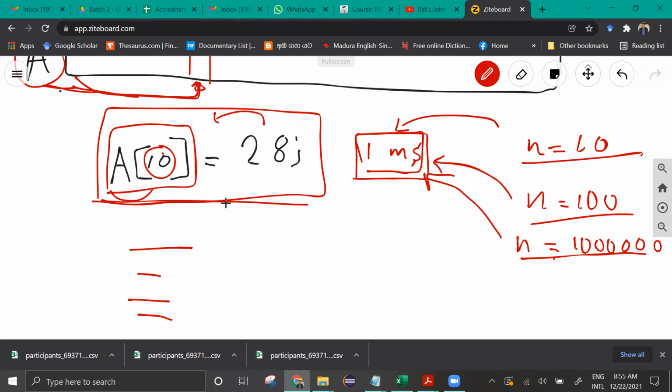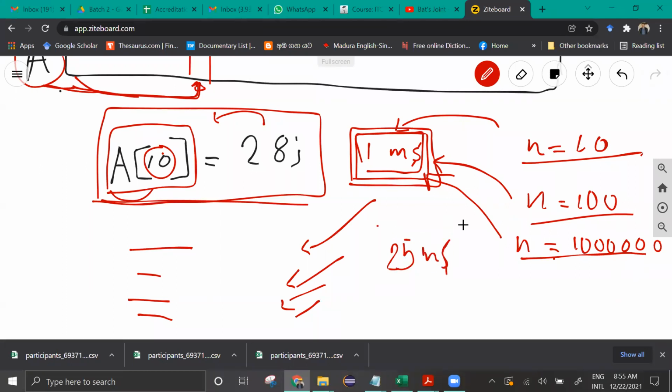They do not depend on the array size, so it's always a constant time. So it will add up the other set of activities. Altogether it will be, suppose, 25 milliseconds for the program to execute. The runtime would always be 25 milliseconds, does not matter the size of the array.